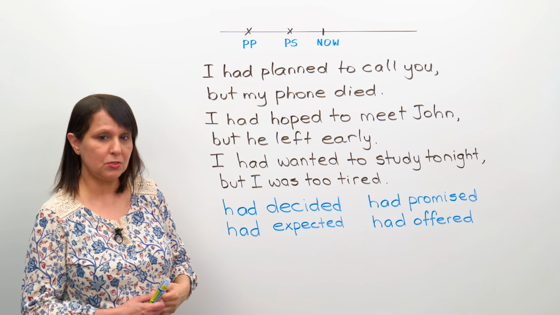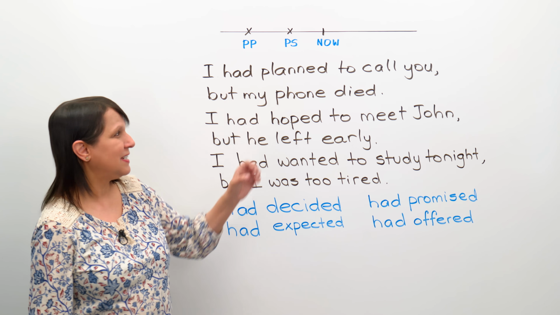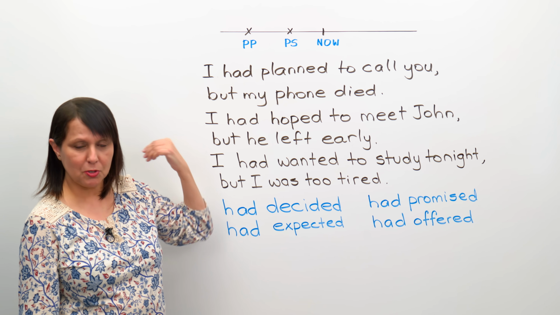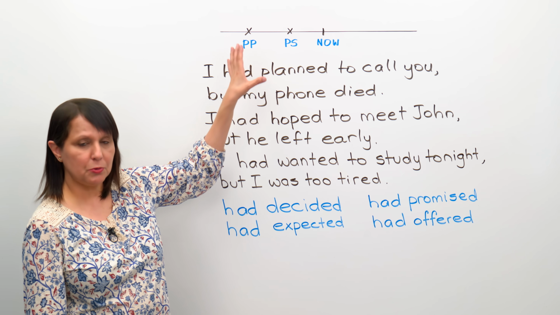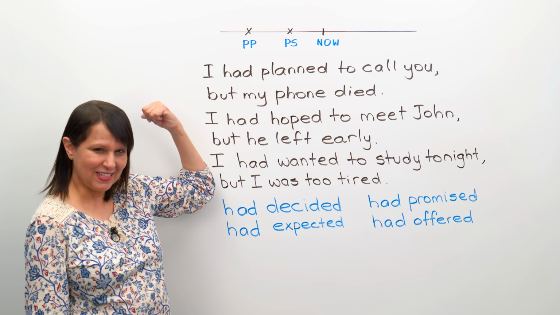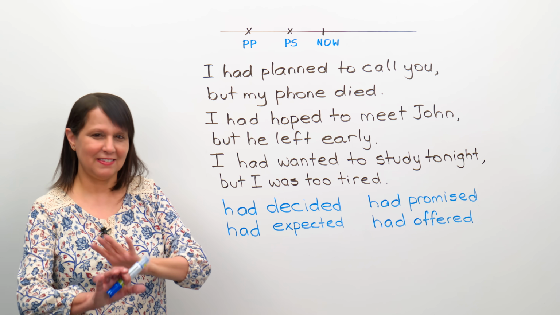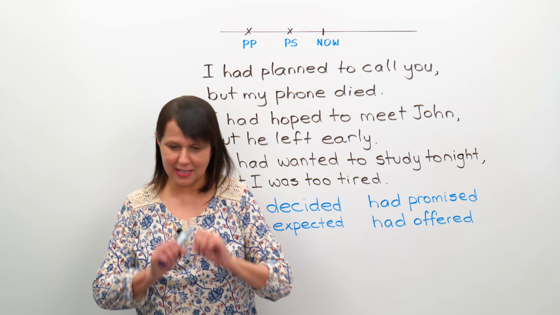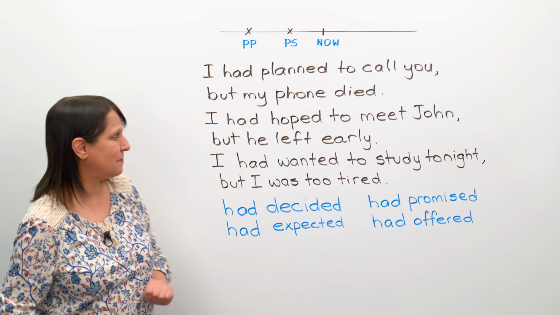But if we want to talk about more than one thing that happened in the past, then we use the past perfect to show that in the past, a few things happened, but this happened first in the past, and then something else happened. Okay? That's the only theory you're going to get. Let's look at the examples so I think you will understand very clearly.